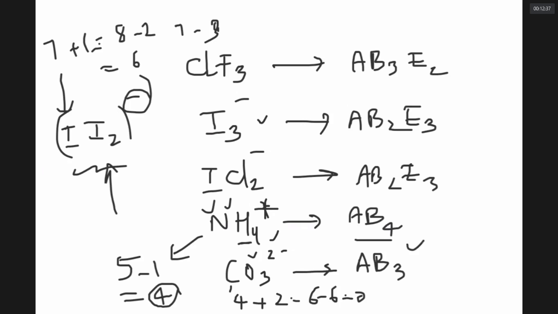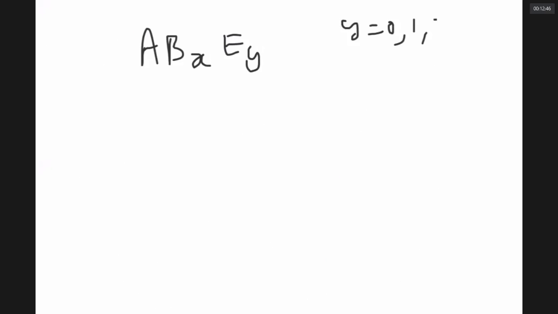So you classify any molecule into ABxEy type. Y can be 0, 1, 2, 3. X cannot be 0; X must be minimum 2, 3, 4, 5, 6, even 7.